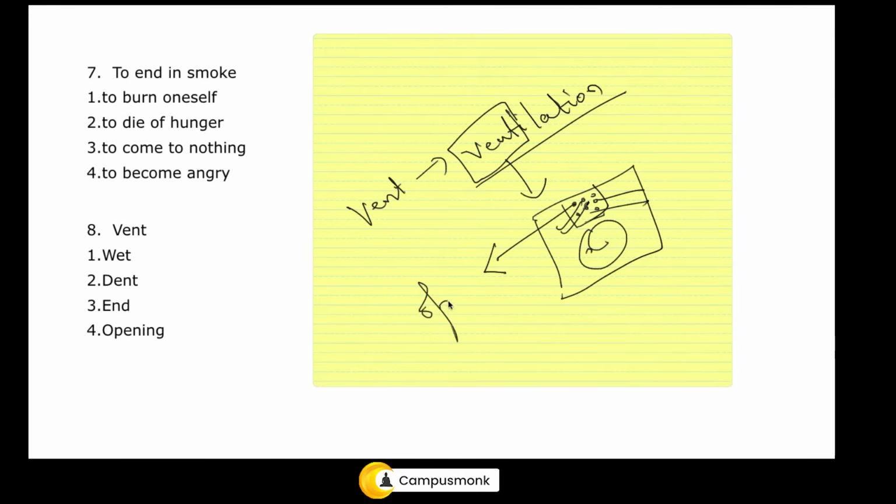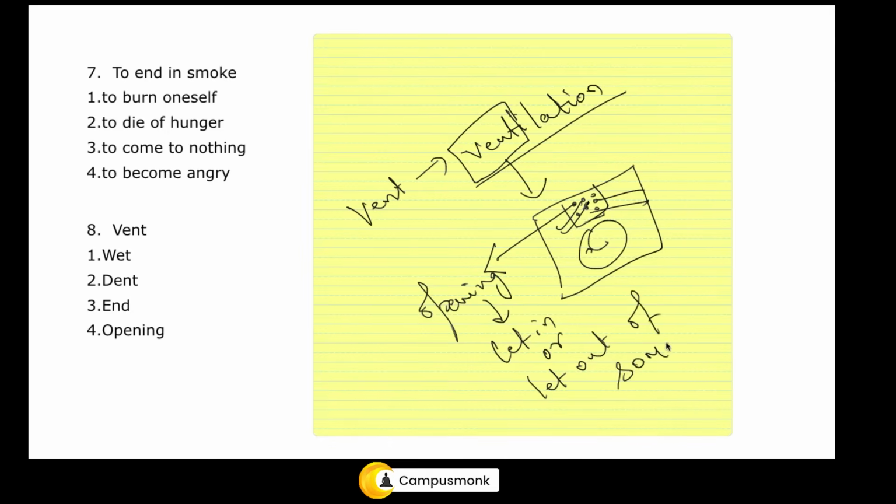It means it is an opening to let in or let out something or someone. Anything, okay? There can be a small tunnel or passage acting like a vent through which a person can go and come inside. So, what is a vent?